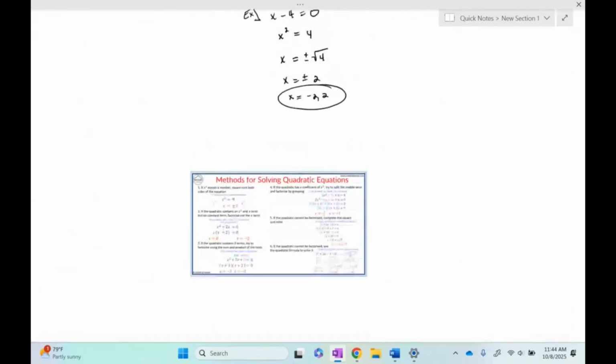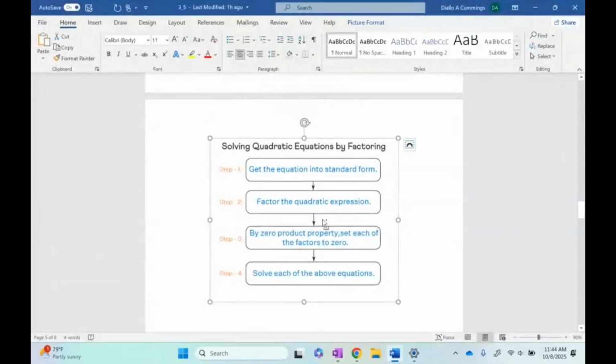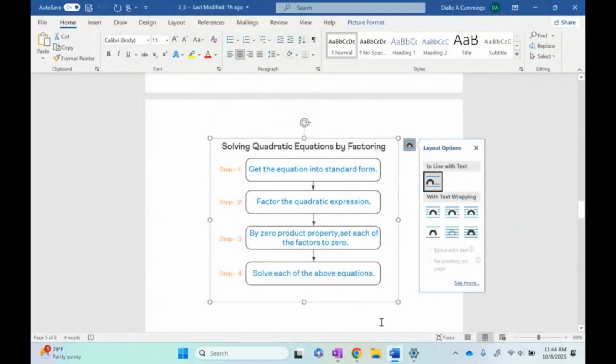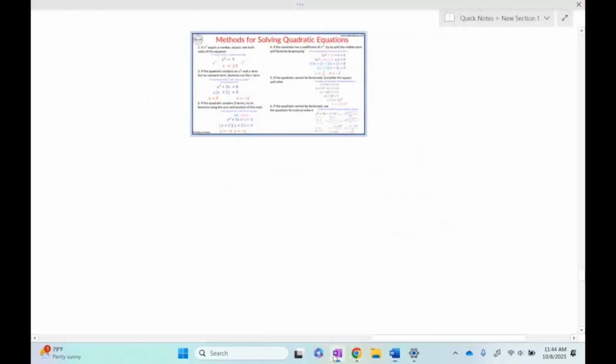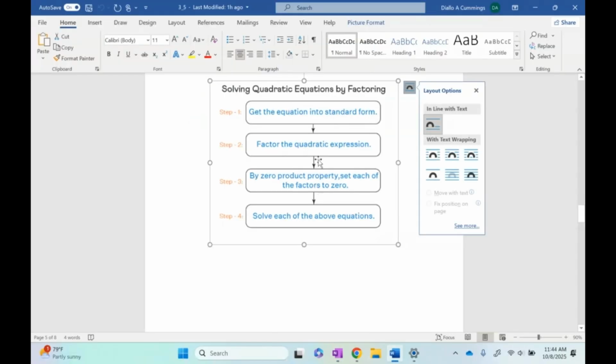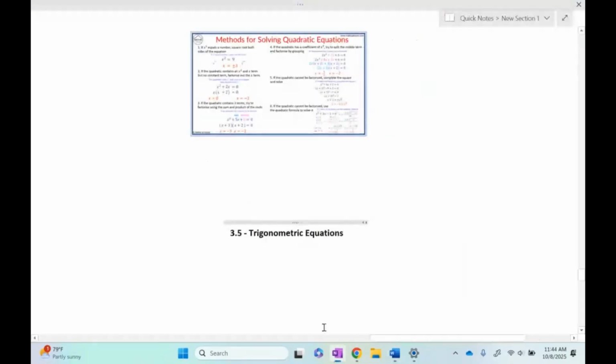I thought I put it on here somewhere. Oh, I didn't copy it over. All right, so here are the steps. Copy.